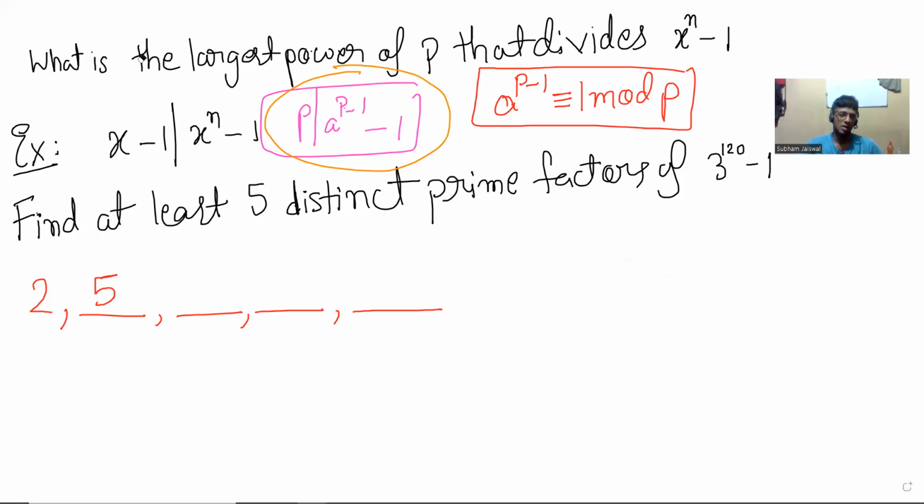Okay, so let me see if other people, meanwhile you can find other factors. Aparna and Pragdish, if you can explain why 7 is a factor. 3 cube is 1 mod 7, is it? 3 cube is 27.